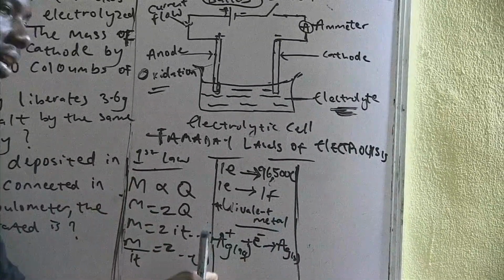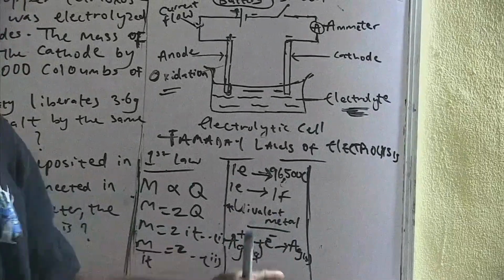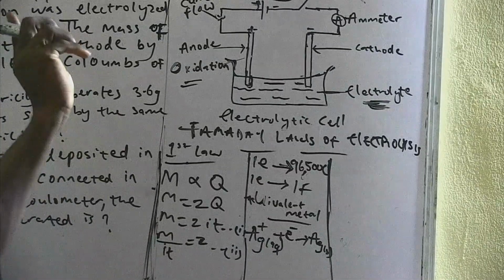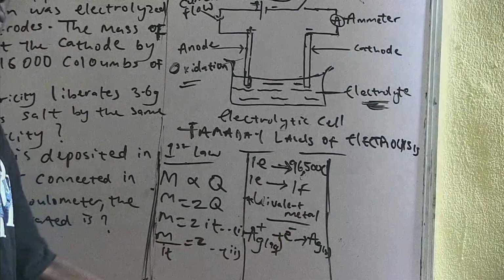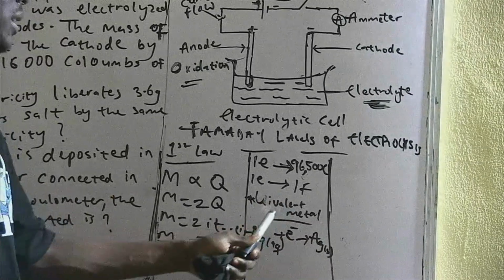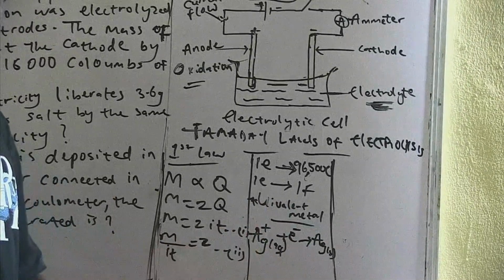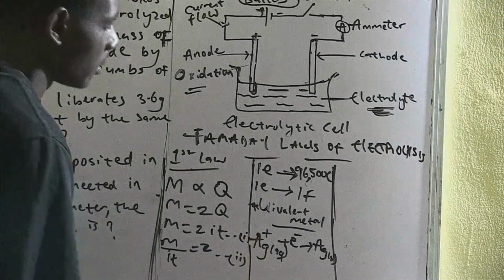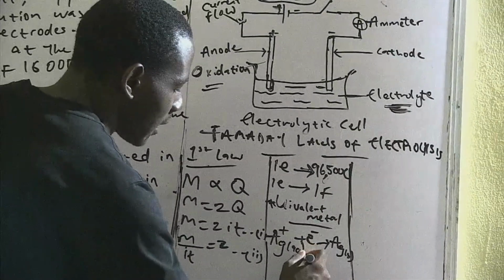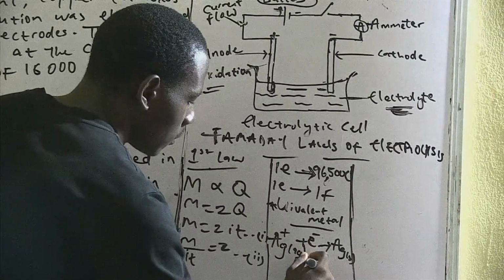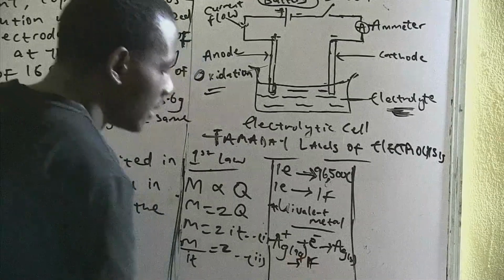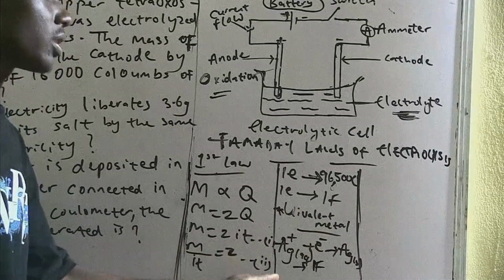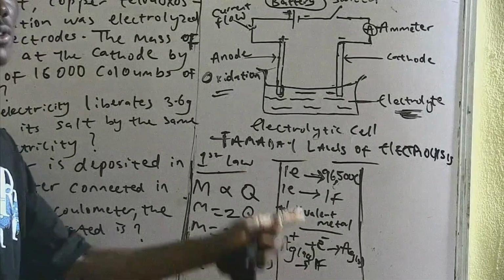So here Ag+ receives an electron to become Ag solid, and it requires just one mole of electron. It's called a univalent metal because it needs just one electron. So it will need one Faraday, because one e is equal to one F.